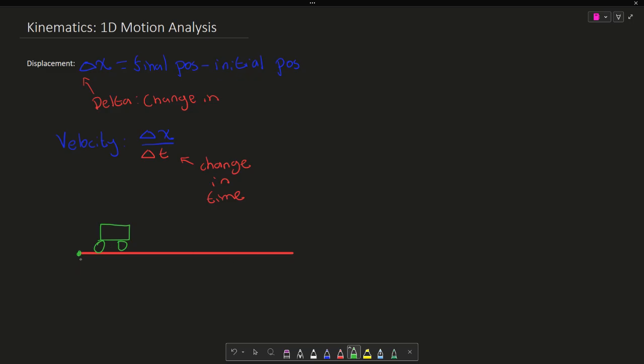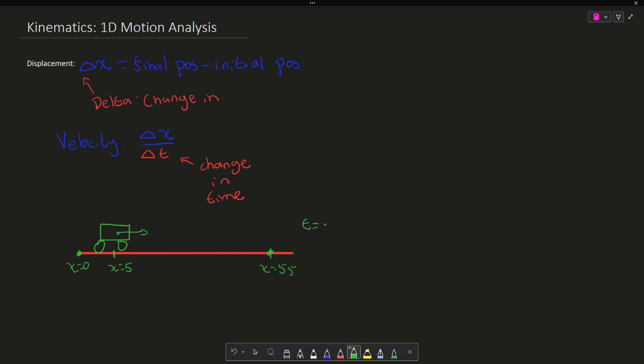Let's say the road starts at x equals 0, and right now the car is at x equals 5. And the car keeps on going until it ends up at x equals 55. And it reaches that in a time of 10 seconds.